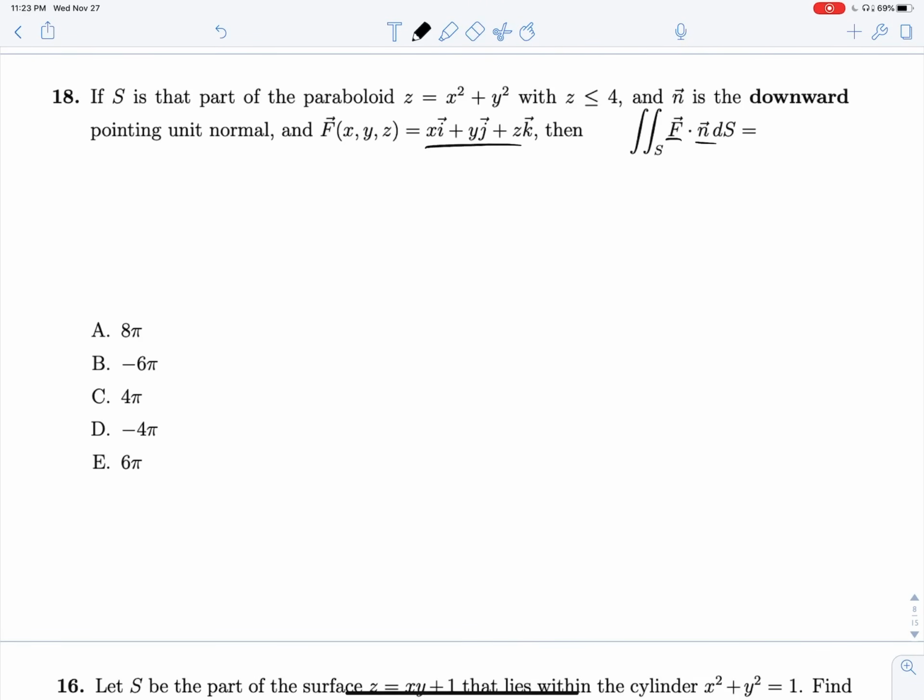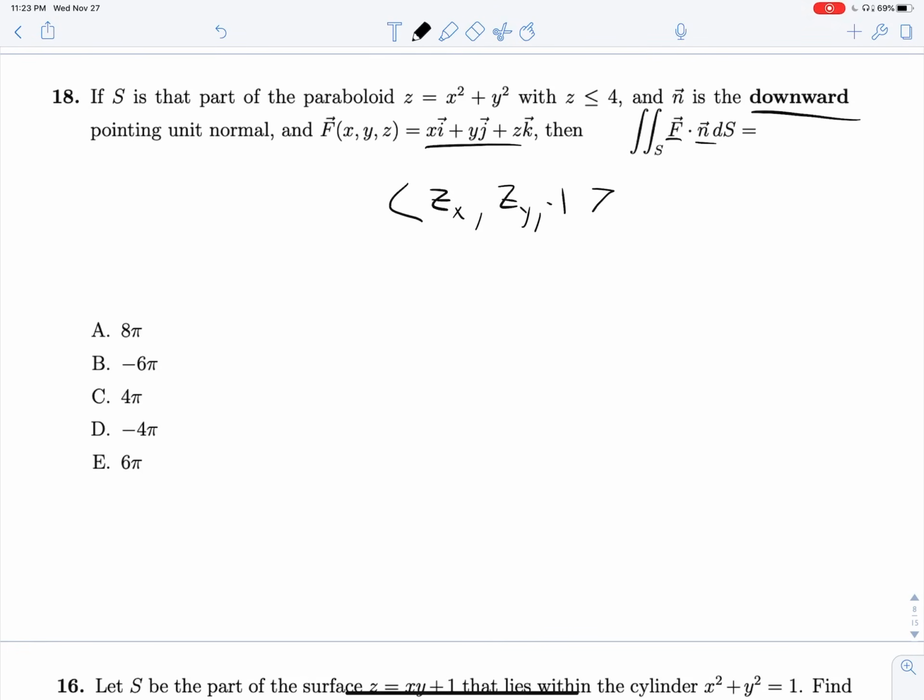So we need to find an F and an N. We're given our F here, and we know that the normal vector, when we have it in the form z equals, and specifically the downward pointing normal vector is just going to be zx, zy, -1. And so we can find this.